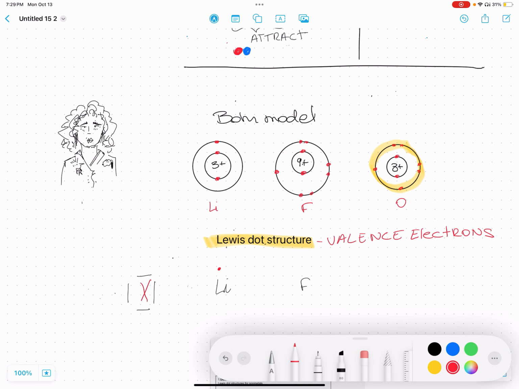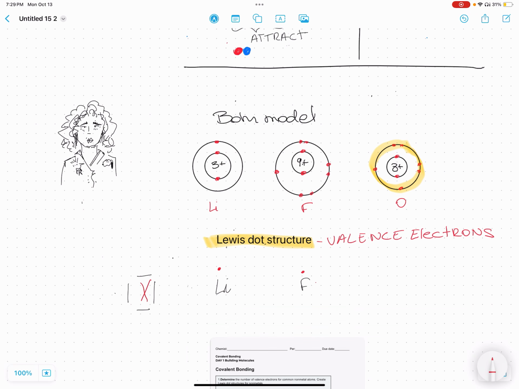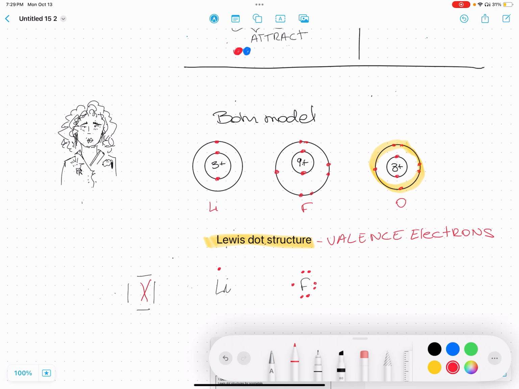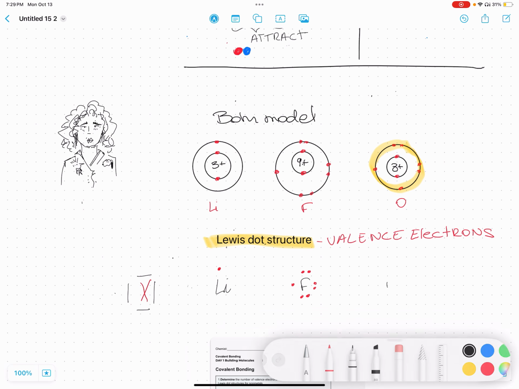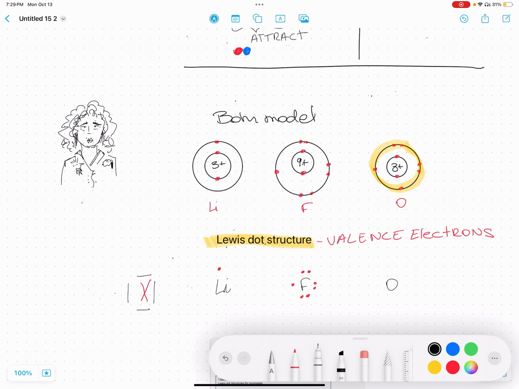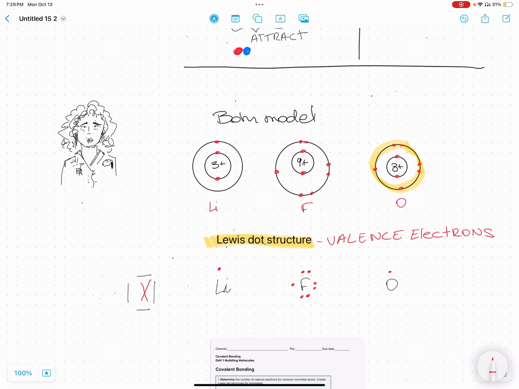So let's place them: 1, 2, 3, 4, 5, 6, and 7. This is the Lewis dot structure for fluorine. And then the last one would be oxygen. Here's oxygen, and there are 6: 1, 2, 3, 4, 5, 6.